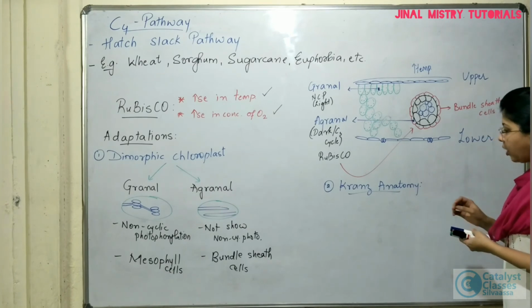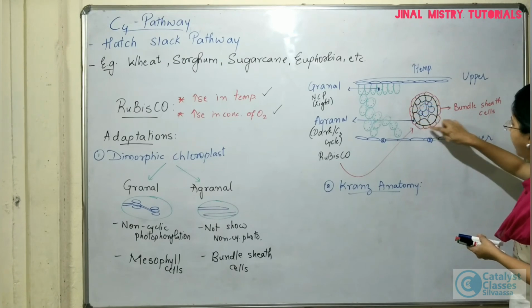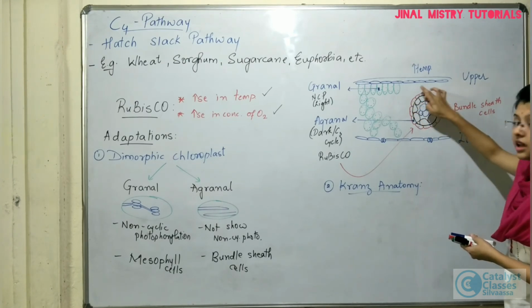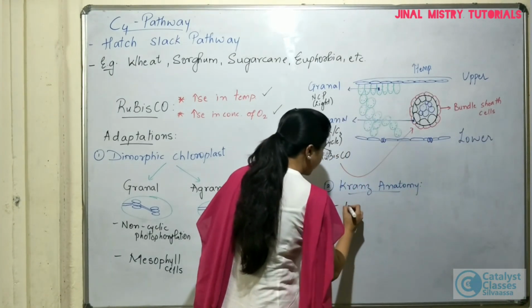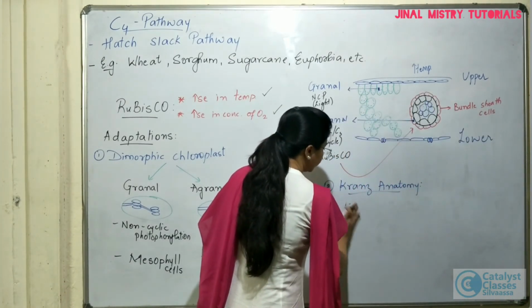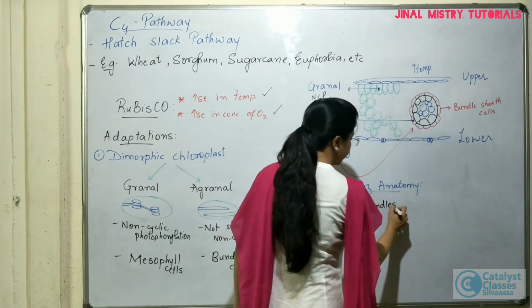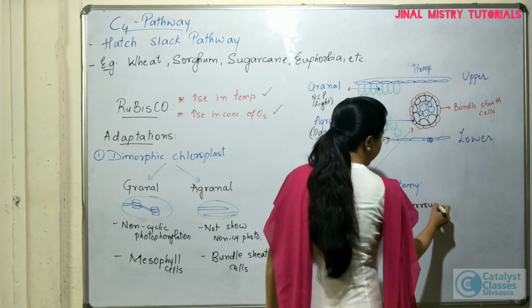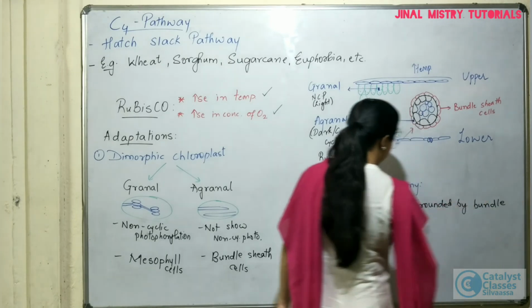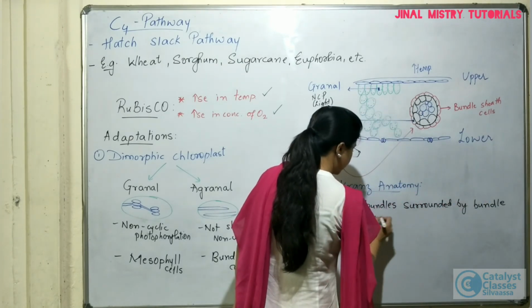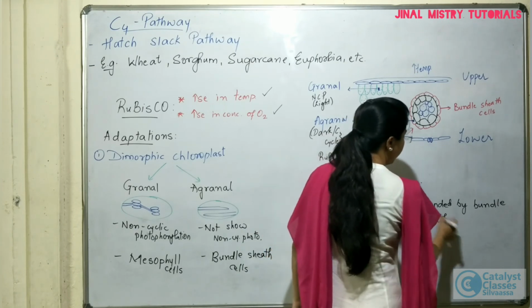What happens is that the vascular bundles are surrounded by the bundle sheath cells, giving the appearance like that of a wreath.